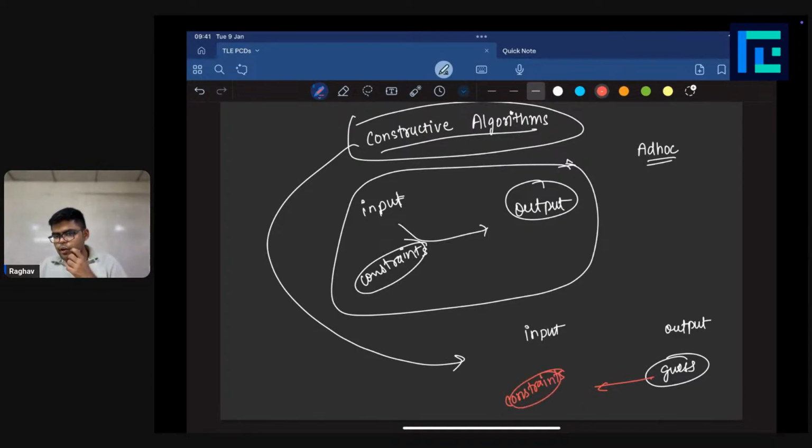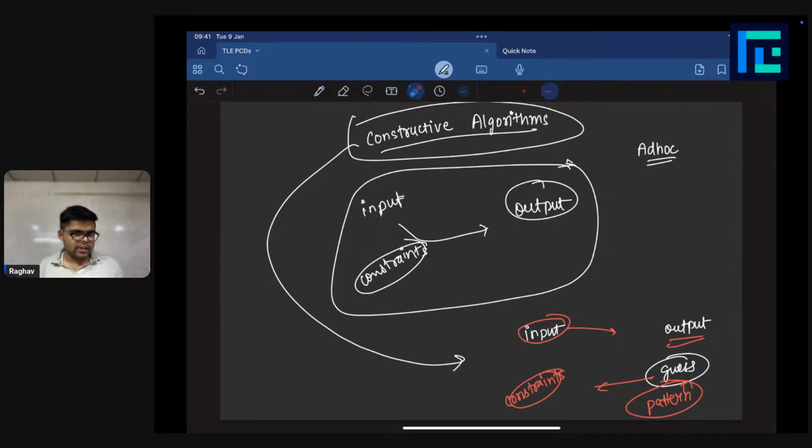If it is, then try to find out some pattern in the output. Try to realize why the output that you have guessed is passing all the constraints for some input, and find a pattern with the help of which you can generalize that for this kind of input, create this kind of output, and it will pass all the constraints.